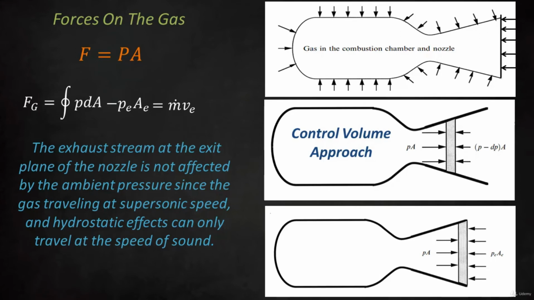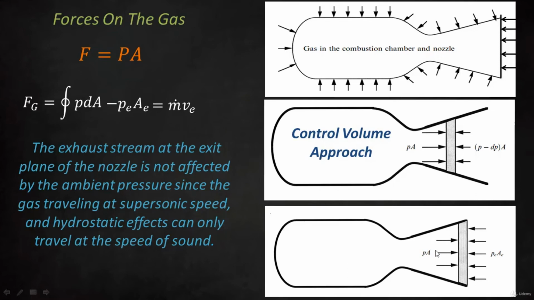So what does this mean? It means that the hydrostatic effects, which are the effects caused by the ambient pressure, would only travel at the speed of sound. And here, the hot gases coming out of the nozzle are traveling at supersonic speed, more than the speed of sound.